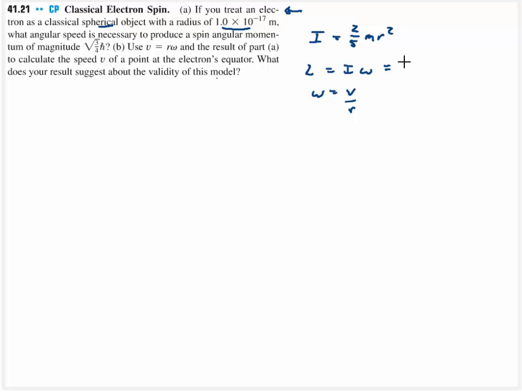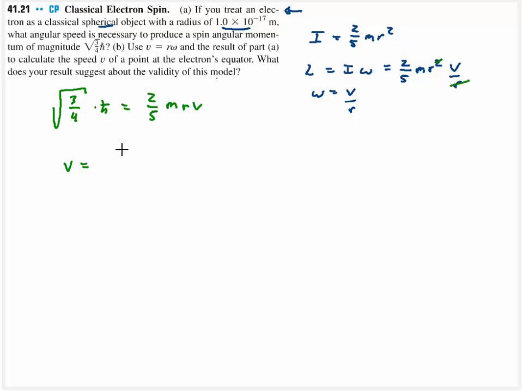So this is going to be equal to 2/5 mr squared multiplied by v divided by r. Actually, we can cancel out these r's, and set this equal to the square root of 3/4 h bar. So the square root of 3/4 multiplied by h bar is equal to 2/5 mrv, and v is what we're interested in.